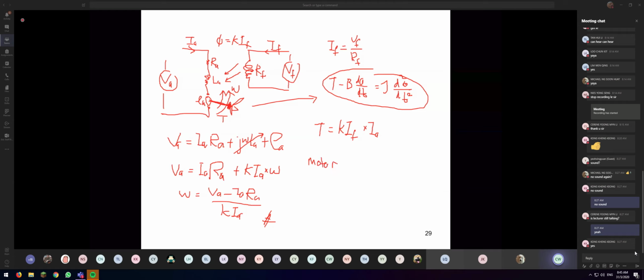The motor itself is referred to the PMDC, okay, PMDC, and also the separately excited DC motor. We have two different motors. They have about the same formula on how to determine the speed and also the torque of the particular motor.